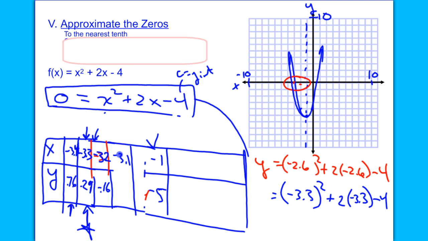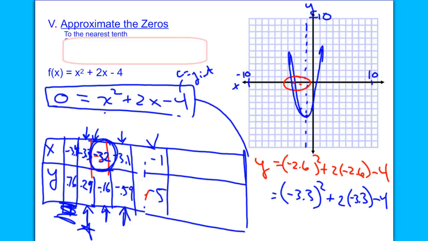What is that? -3.1 gives us -0.59. What's closer to 0 here? We know this one's not, right? Out of these three, which one's closest to 0? -0.16. So this seems to be the best route to the tenths, the best solution to the tenths.